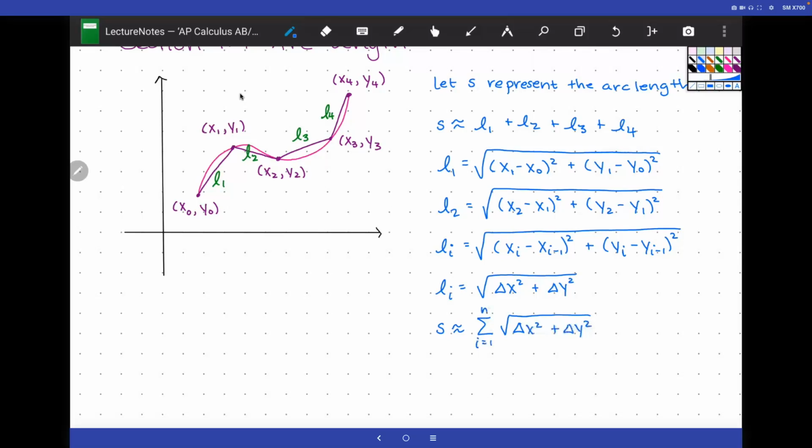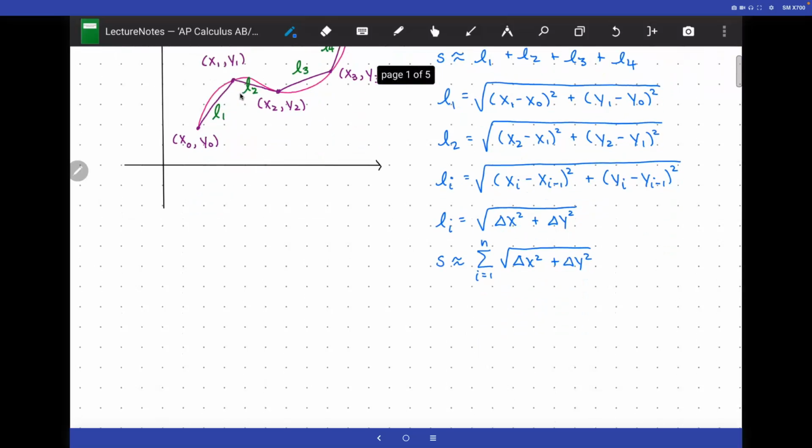But my whole goal is I want to be able to take this Riemann sum and use the definition of definite integrals to rewrite it as an integral. But in order to do that, I need a delta x at the end that will turn into my dx. Right now I don't have that, so I'm going to play around with this a little bit first. Won't be very much though. I'm going to factor out a delta x squared from inside the radical.